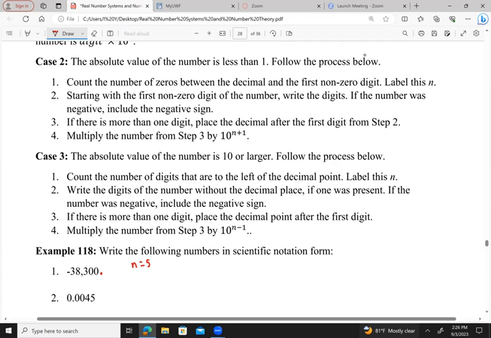Okay, write the digits of the number without the decimal place if one is present. If the number is negative, include the negative sign. So we have negative 38300. Place the decimal point after the first digit, right here. And then multiply by 10 to the n minus 1. So 10 to the 5 minus 1, 4.